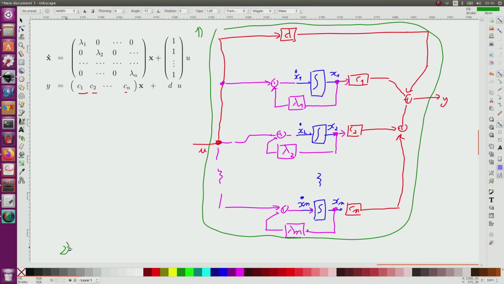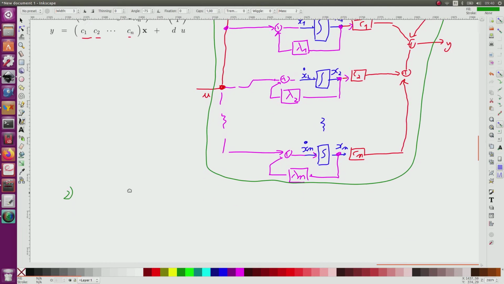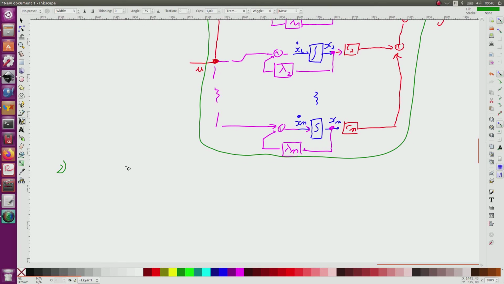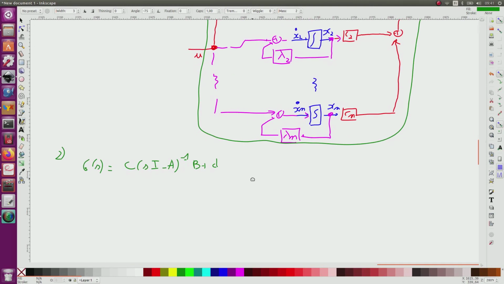Now, second question. I have to compute the transfer function, and it can be computed here quite easily. It is G of s. I take the formula, so it is C times (sI minus A) inverse B plus D. In my situation, since I have one input, one output, and since the matrix of evolution A is diagonal, everything should be easy.